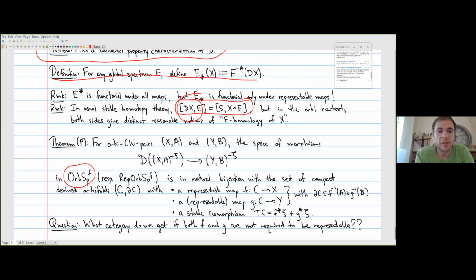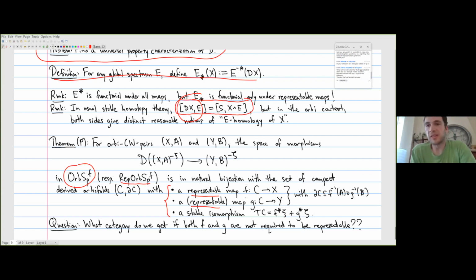If we're looking at the category where both maps F and G are required to be representable, then this data is obviously symmetric in X and Y. I can just swap F for G, and you can see how the involution D acts on morphisms, because it literally exchanges F and G. But in the category of Orbi-spectra without the representability requirement, one of these is representable and the other is not.